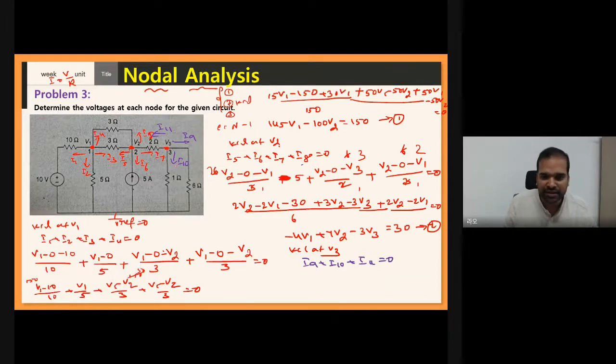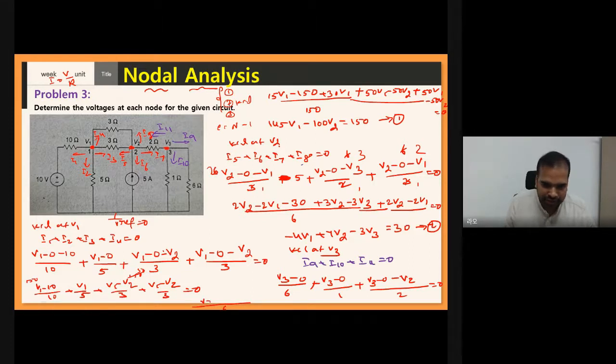Yes. Now see, can I find I9? Of course, one side V3 is connected, another side with reference to 0. So you don't have anything, no other voltage is connected. Therefore, V3 by 6 plus, what about I10? One side V3 is connected with reference to 0, so V3 by 1. And what about I11? One side V3 is connected with reference to 0 minus the other side V2 is connected. Therefore, V2 by 2, equal to 0. Now, what is the LCM here? It's 6.